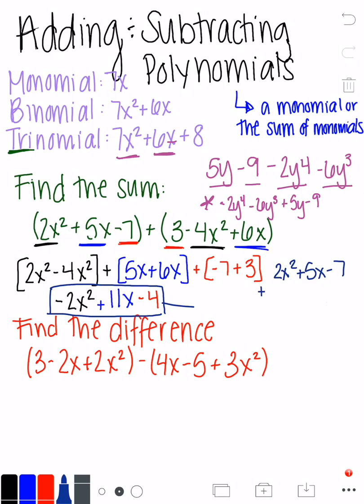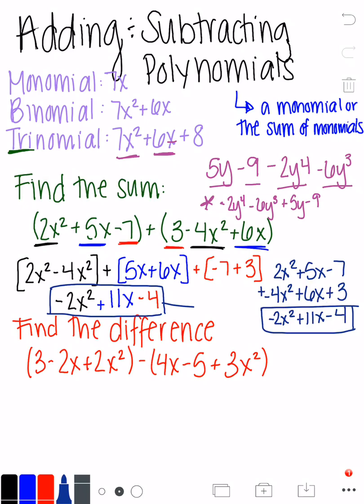And then plus, I would do negative 4x squared plus 6x plus 3. And then we could go this way, so negative 2x squared plus 11x minus 4. And then this is our same answer.